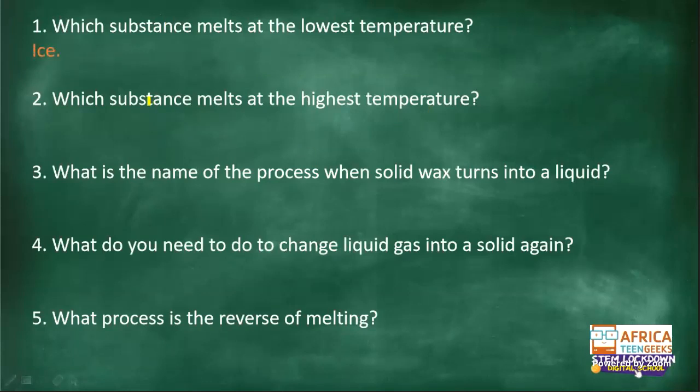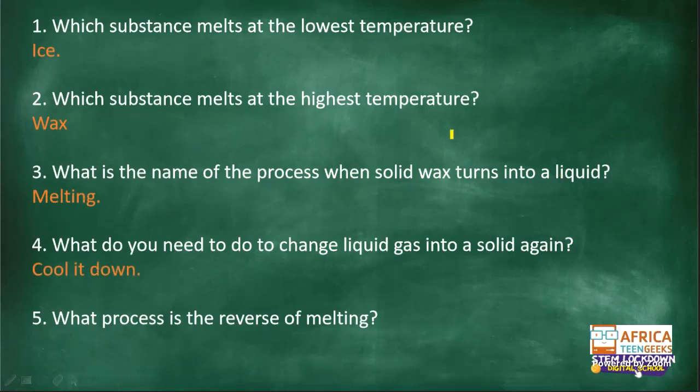Now, which of those substances melts at the lowest temperature? It was ice. Which one melts at the highest temperature? It was wax. What is the name of the process when solid wax turns into a liquid? Can you guys remember? Melting. Just think about it logically. When wax turns to a liquid, it's melting.